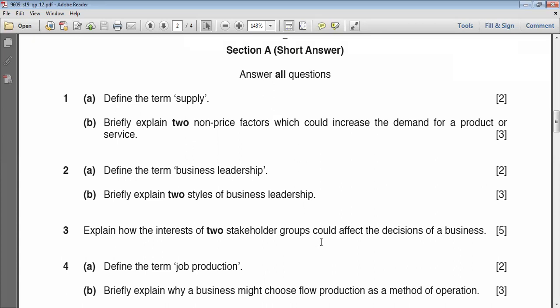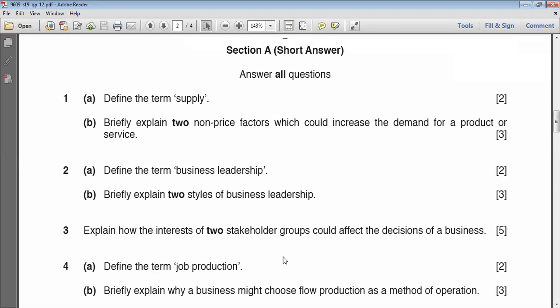After you define, then you will explain. Choose the stakeholder group first. Let's say you choose customers or managers, and you explain why the interest of customers and managers could affect the decision of a business. And of course, don't forget an application or example.